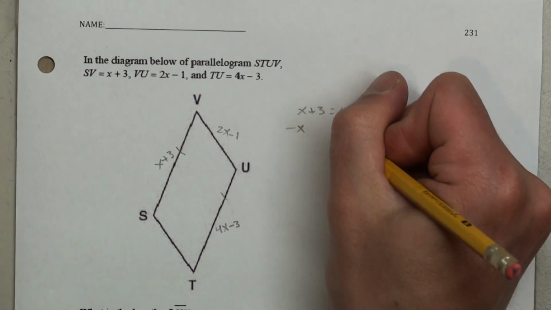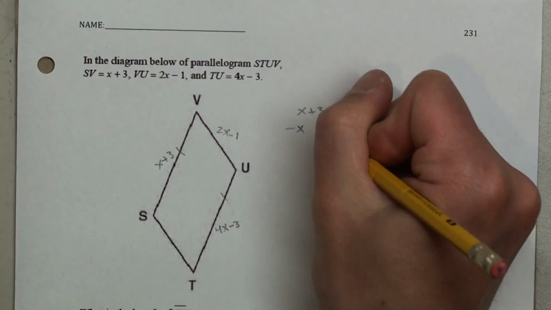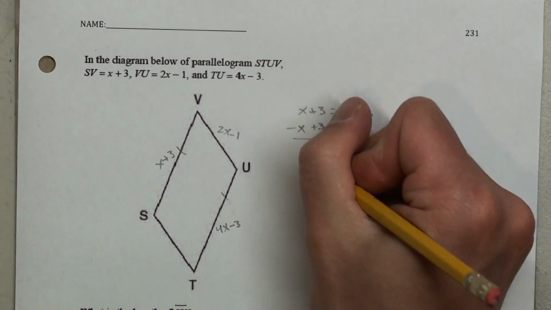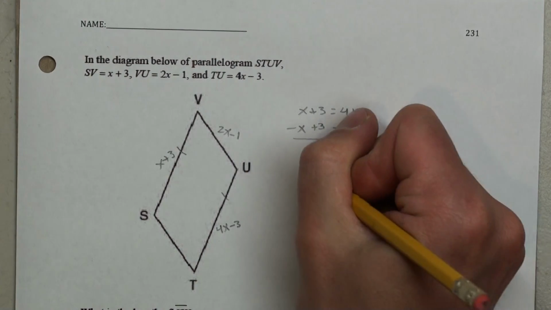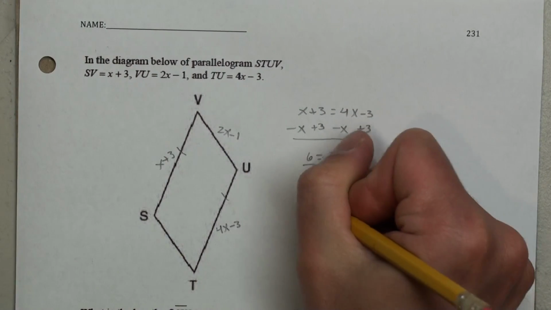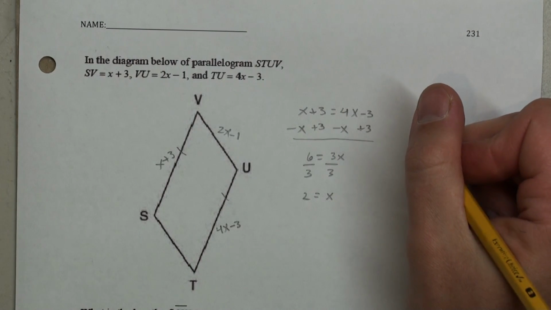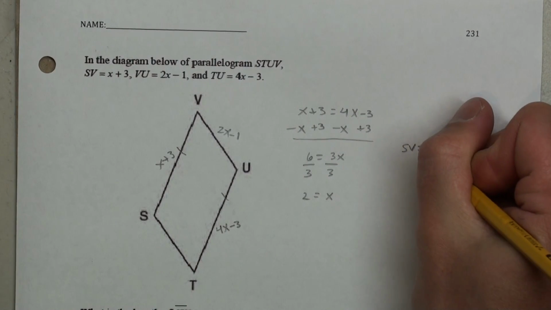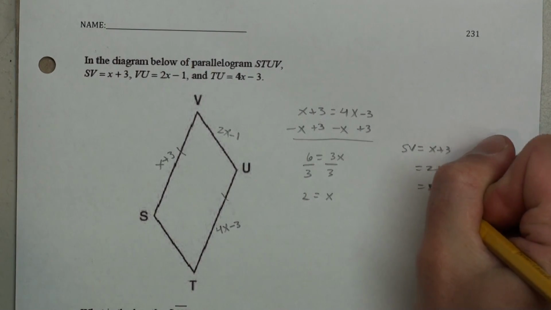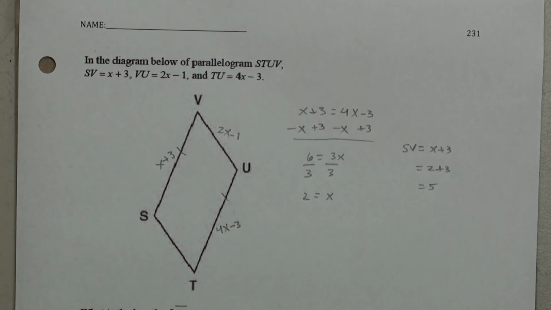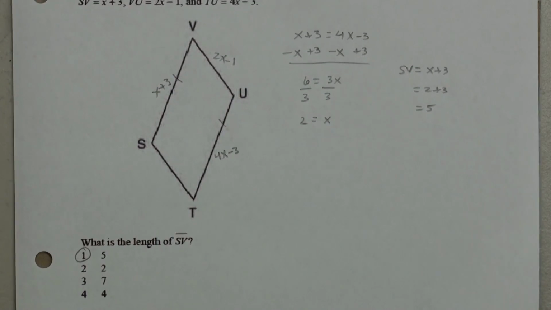So we can subtract x, and I'm going to add 3 at the same time. We get 6 equals 3x, divided by 3. X is 2. SV is x plus 3, which equals 2 plus 3, which equals 5. See? Choice 1.